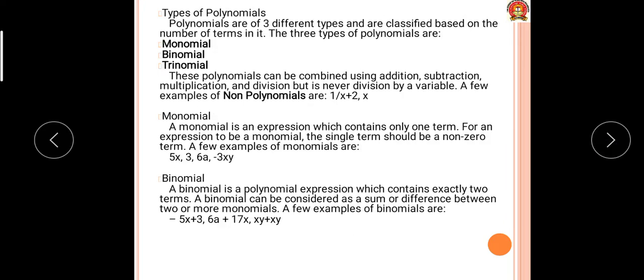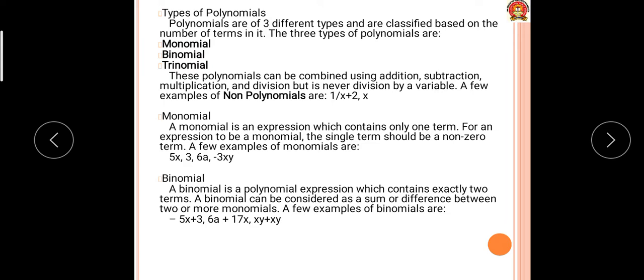Now see, students, types of polynomial. There are two methods to classify polynomials. One is by the number of terms and another by the degree of the polynomial. First, classification of polynomials on the basis of number of terms.